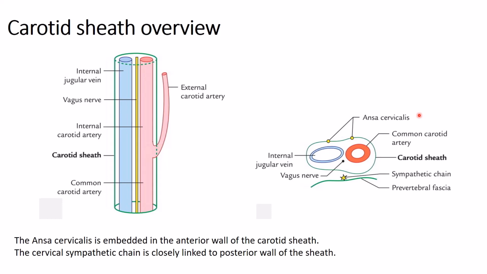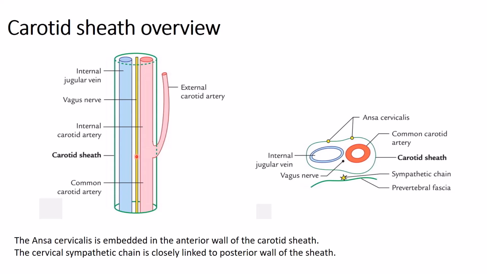Okay, this is the carotid sheath. The carotid sheath contains, as we mentioned before, the common carotid artery, which occupies the medial compartment of the carotid sheath. And here we have the internal jugular vein, and posterior to them we have the vagus nerve.